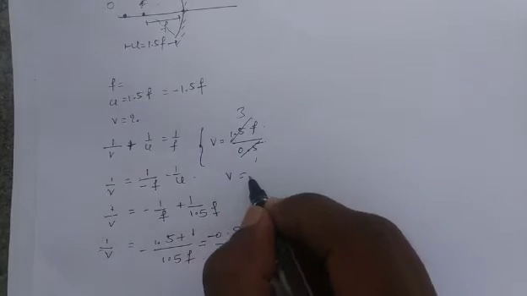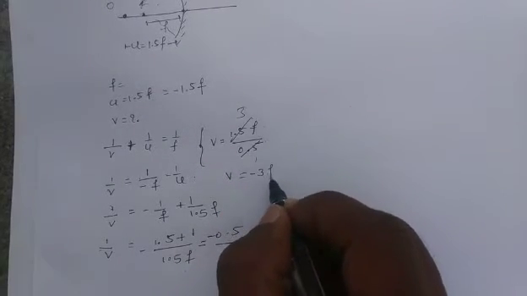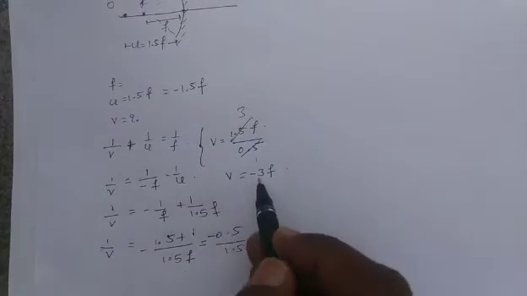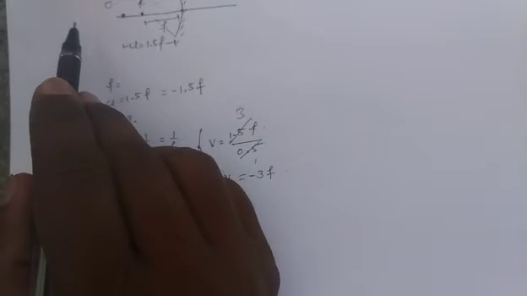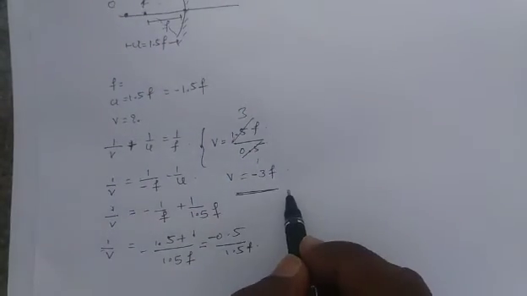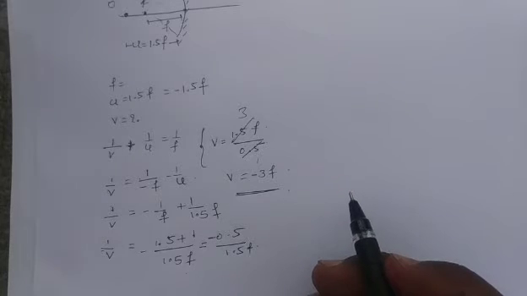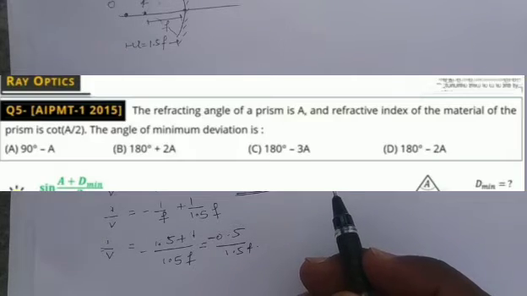So v is equal to minus 3f. Why do we consider v is equal to minus 3f? It means the image is formed on the same side as the object. So the answer is minus 3f. Okay, the first one is correct. And next problem.